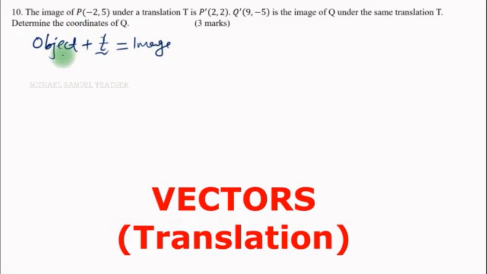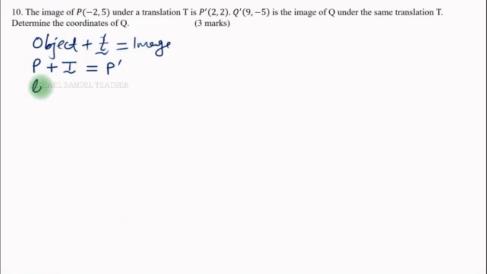Then we have the object, which is P, so we need to add the translation such that we shall get the image P prime. So for our case, let the translation T have the coordinates (x, y).